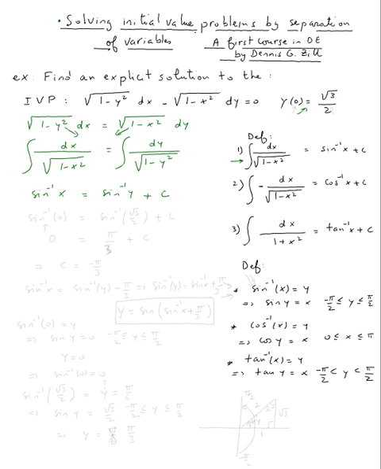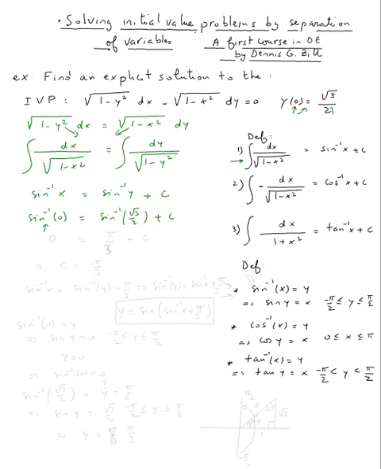To find the constant, it's better to plug in now. So when x is 0, y is square root of 3 over 2. Right? So let's find these numbers.